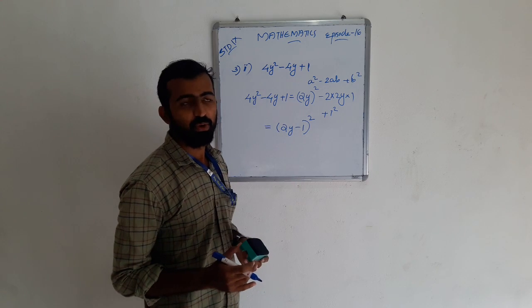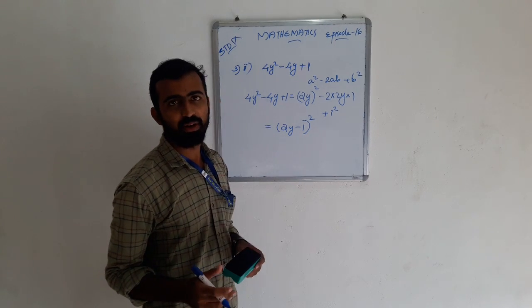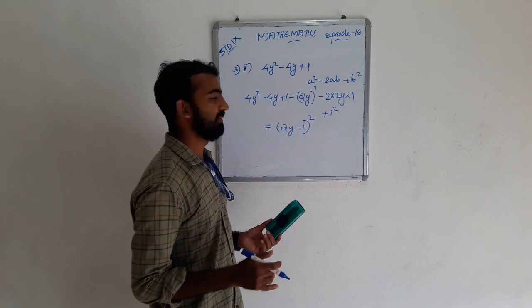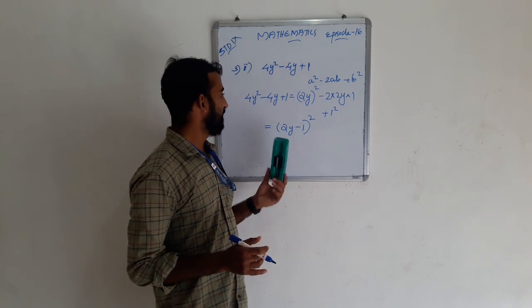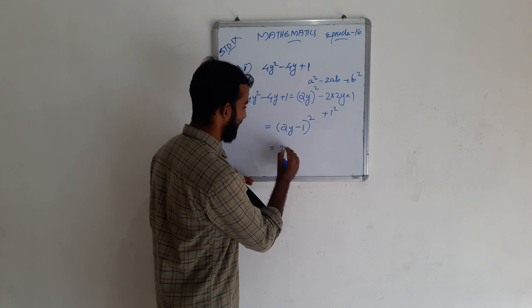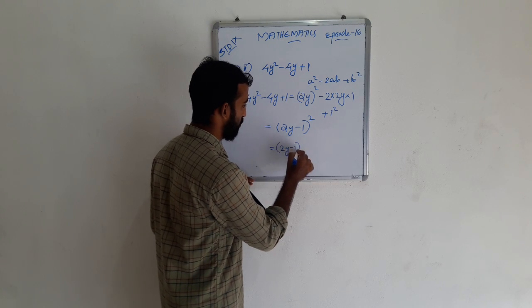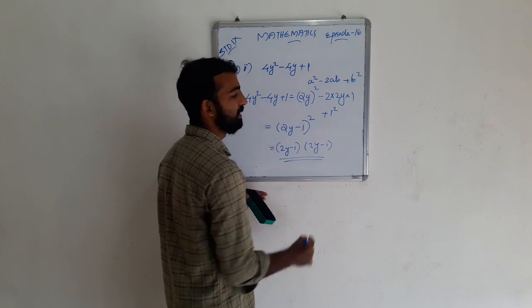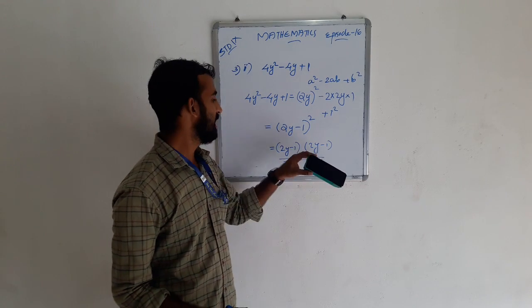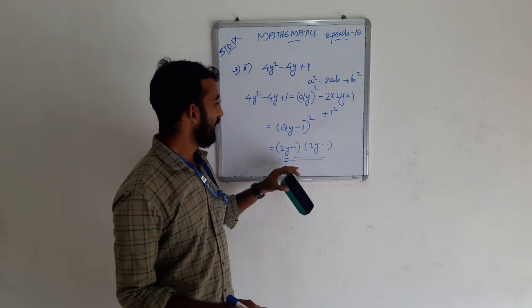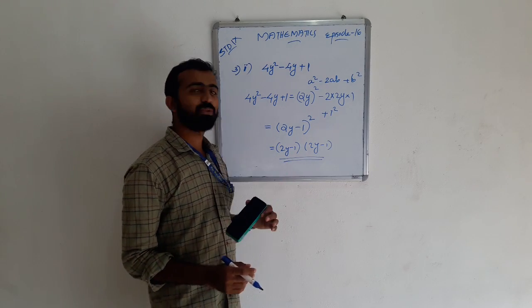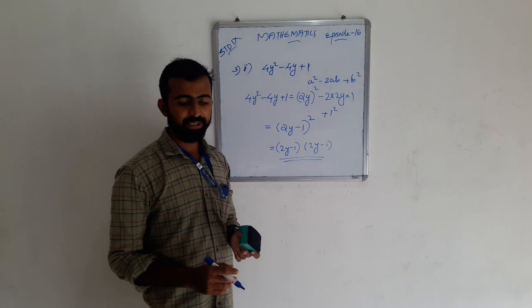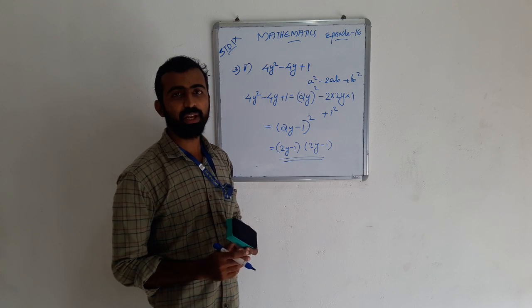When we factorize, that is 2y minus 1 into 2y minus 1. This is the answer.